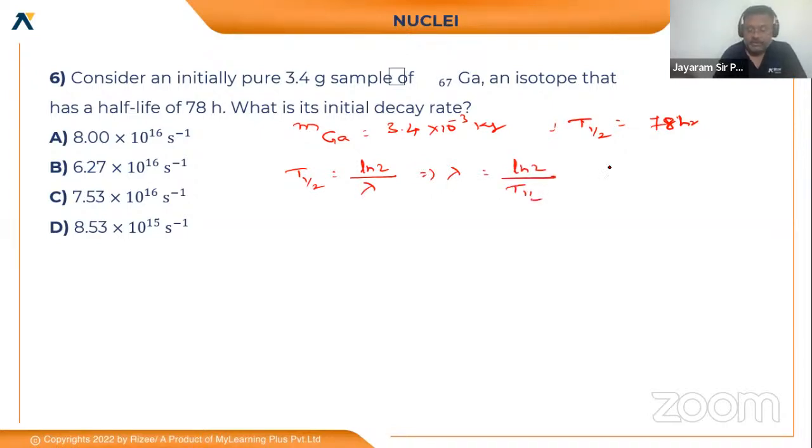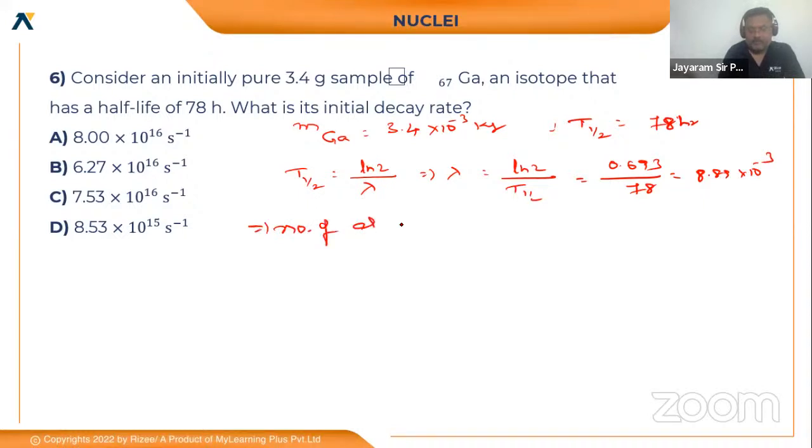ln of 2 in the sense 0.693 by T half, which is 78. Now what will happen if you solve this? This will be somewhere around 8.89 into 10 to the power of minus 3. So how many atoms are participating?